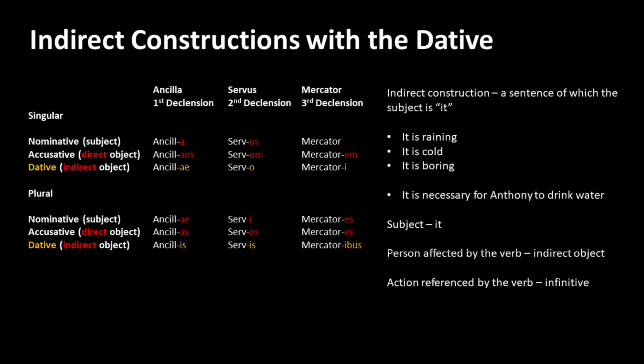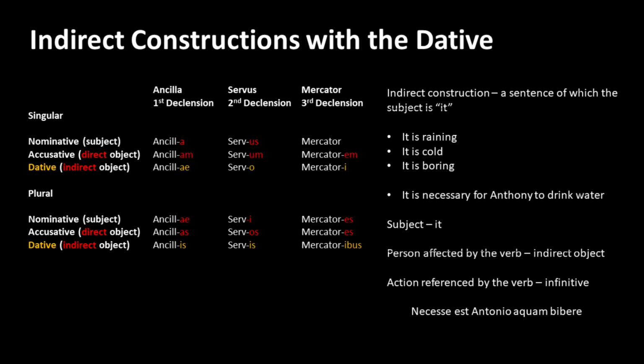Let's see how this works in Latin. Necessa est Antonio aquam bibere. Necessa est. It is necessary. That is an impersonal verb. Notice that Antonio is in the dative. Antonius becomes Antonio.